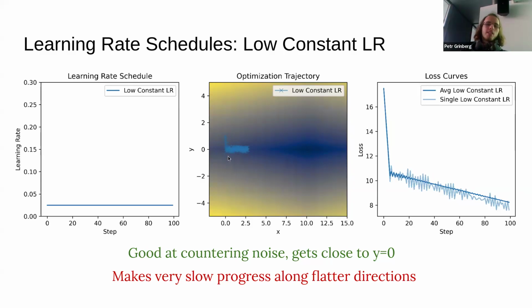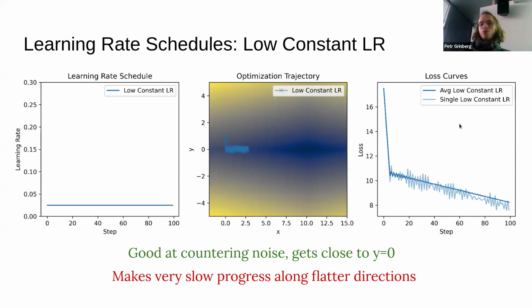Because in some reasonable time you went from this point to somewhere here, but along the x-axis you are going very slowly to achieve this optimal point, which was located here. It is good if you have some noisy data, but it makes very slow progress along directions which are flatter.